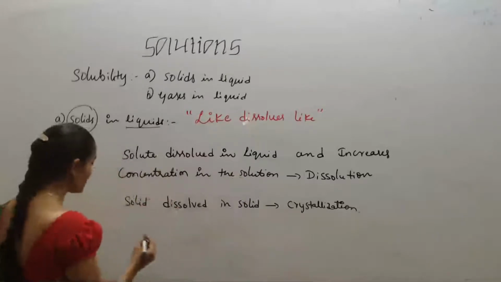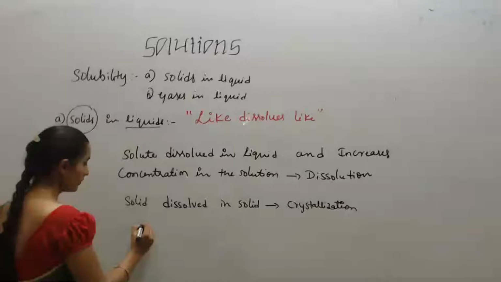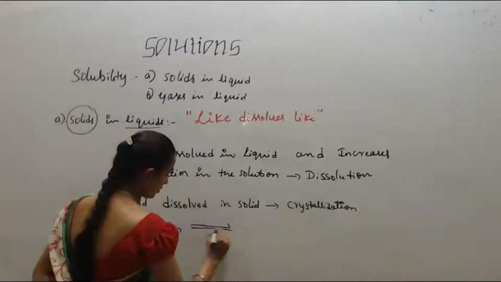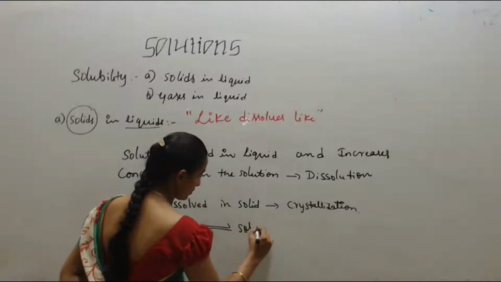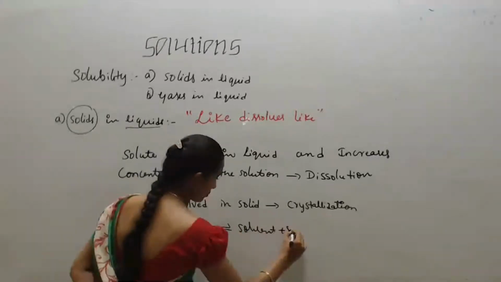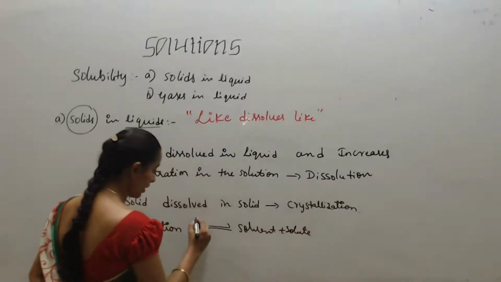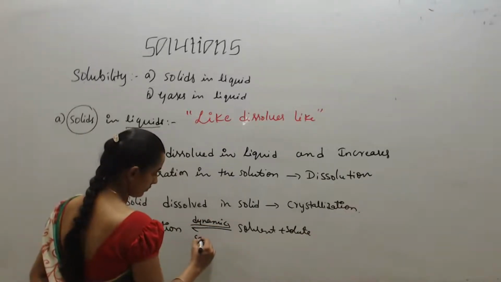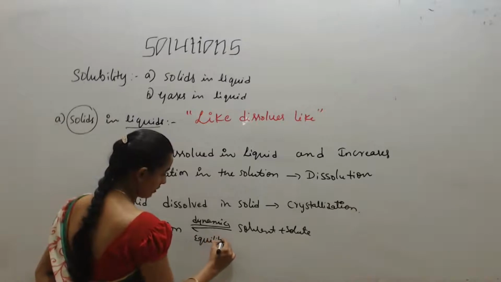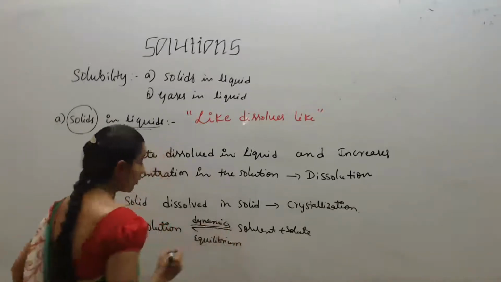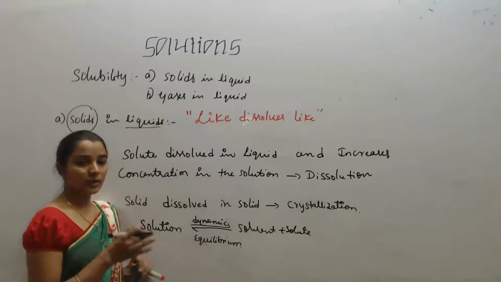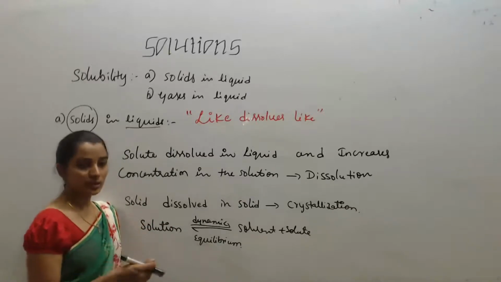Crystallization. So listen, here solution means solvent plus solute. So this attains what? Dynamic equilibrium. What is dynamic equilibrium? For example, 1 kg of salt is there, 2 liters of water is there.